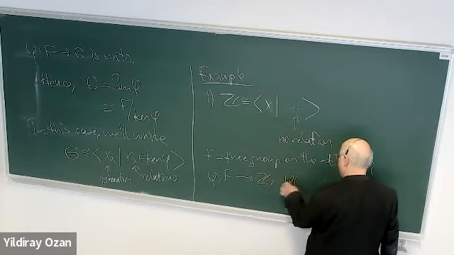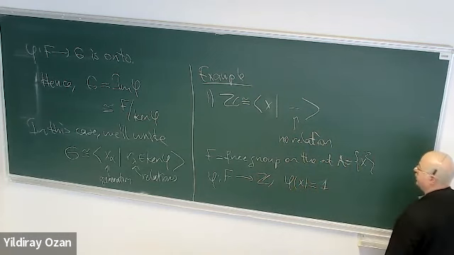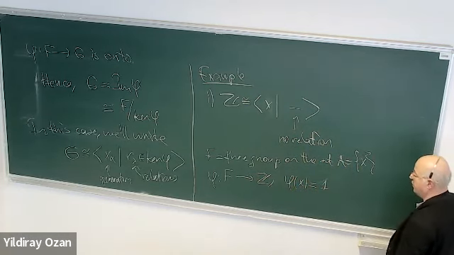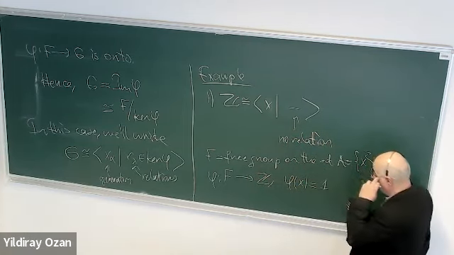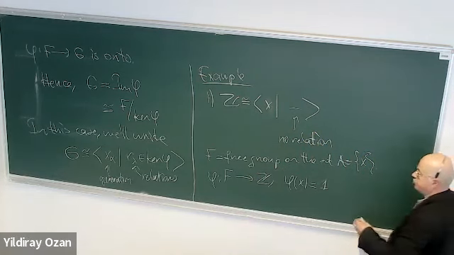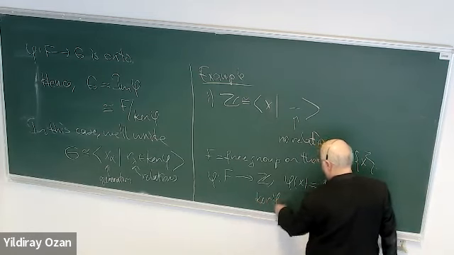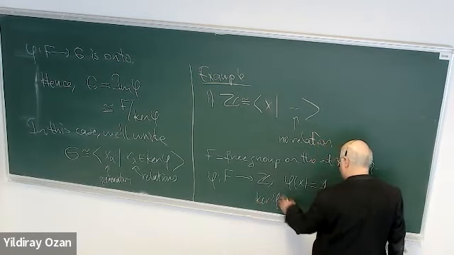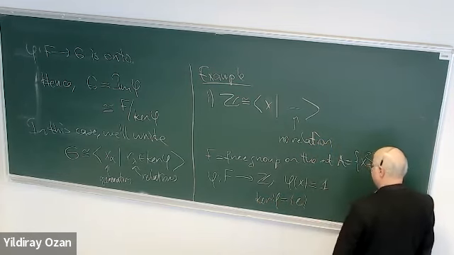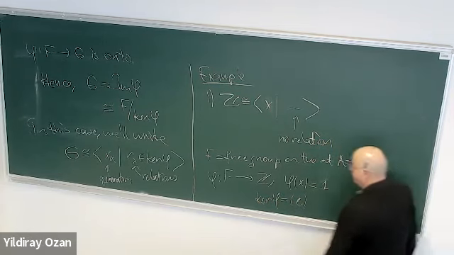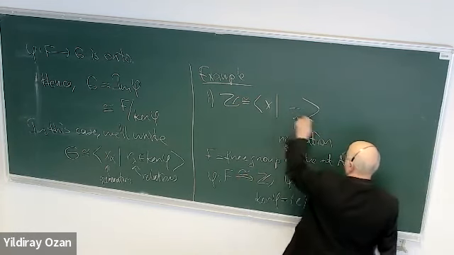Let's just send X to 1, okay? Then this map is onto, but not just onto, it's actually an isomorphism, and the kernel of phi is just the identity element or empty word. So there is nothing in the kernel, empty word.